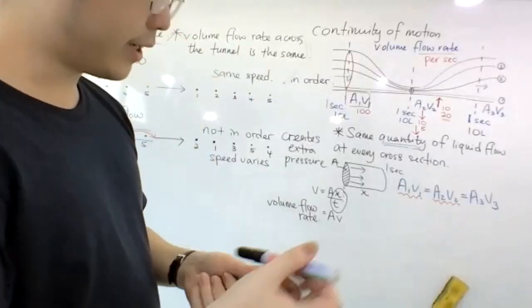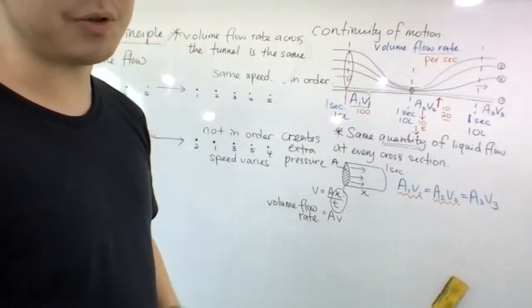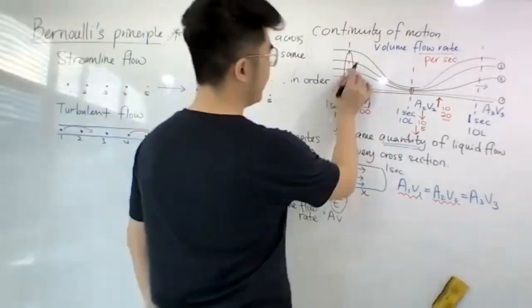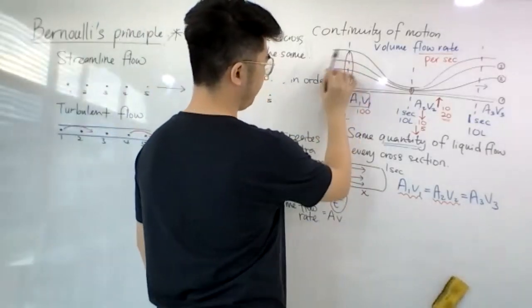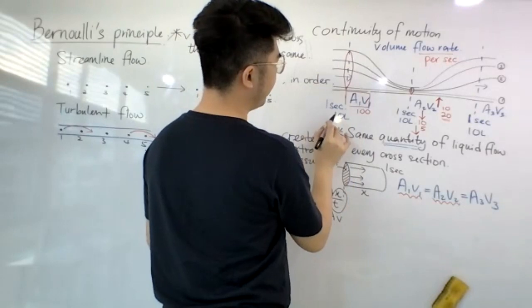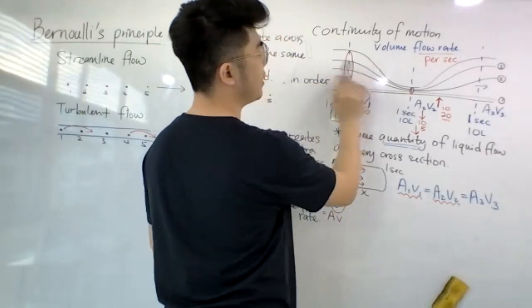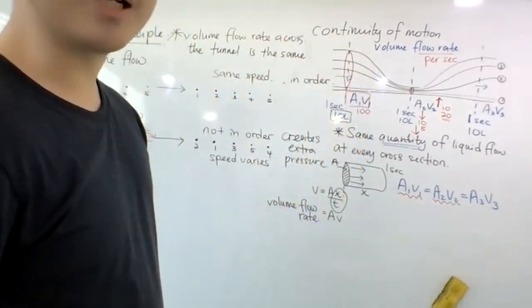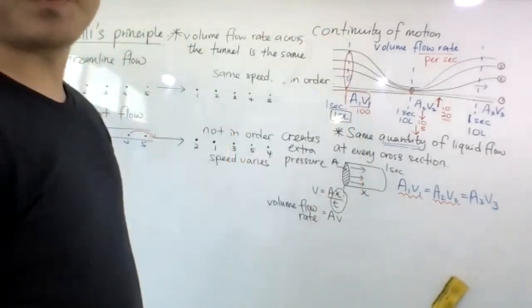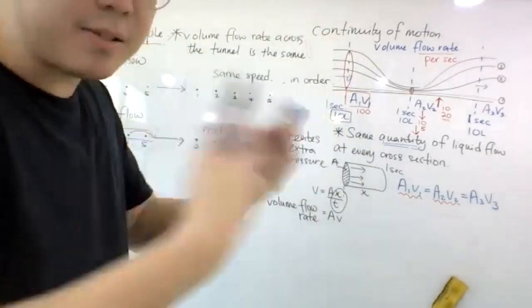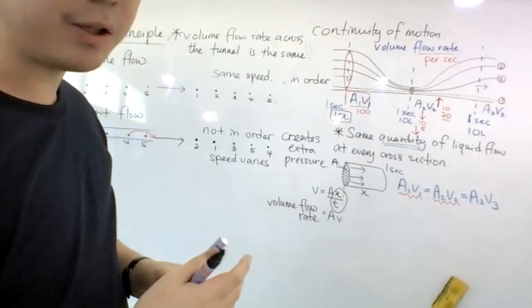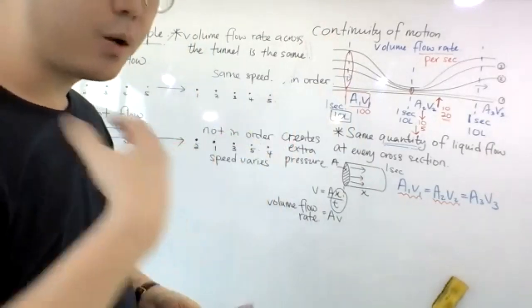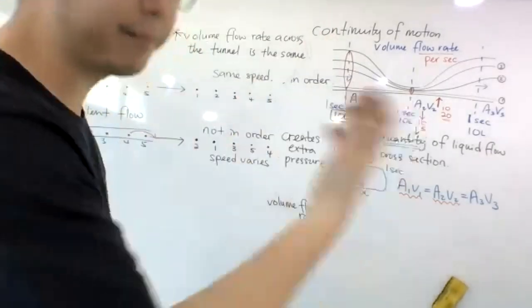So the way you think about this, logically, you can also think about it like this. This is a big area, right? So with a big area, if you want to pass 10 liters of water, you can do it slowly because the area is very big. One time is a very huge volume, right?